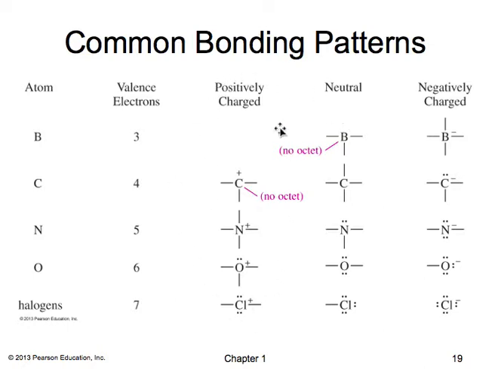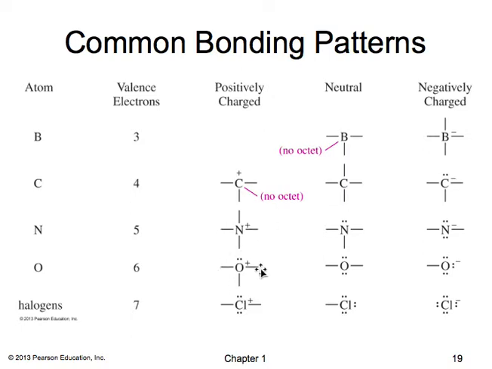Now, in terms of positively charged, what happens is it'll gain positive charge when you have, in the case of carbon, one less bond or one lack of bond, leaving it to be a carbocation. For nitrogen, if you have 1 extra bond, that'll lead to a positive charge.